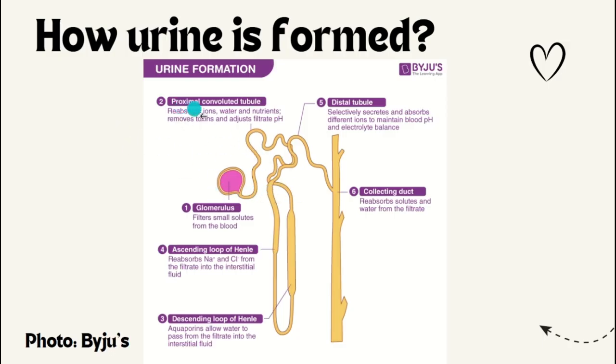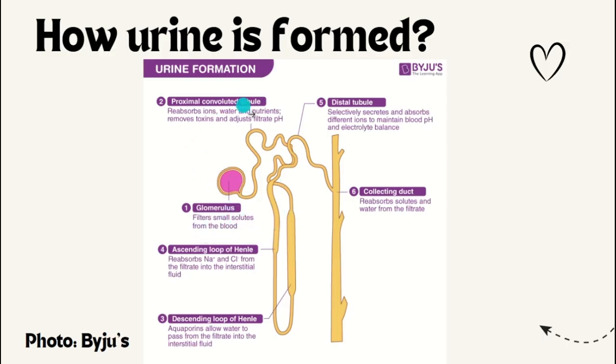And then the proximal convoluted tubule is going to reabsorb ions, water, and nutrients, and is basically going to remove toxins and adjust the filtrate pH, right? So it's going to filter first, then it's going to reabsorb ions. So it's basically a filtering process.